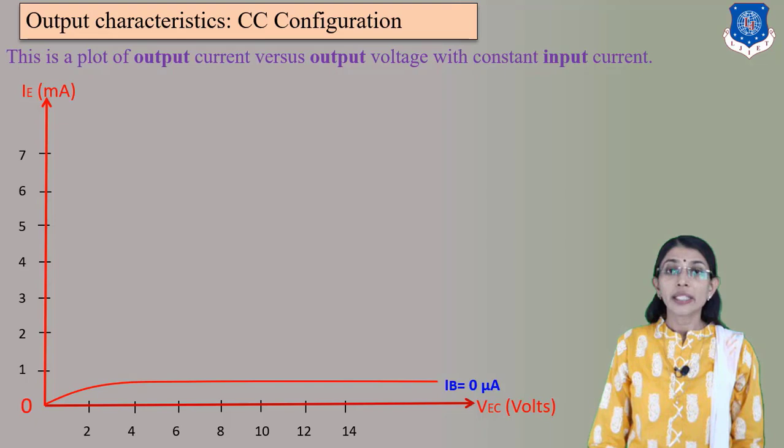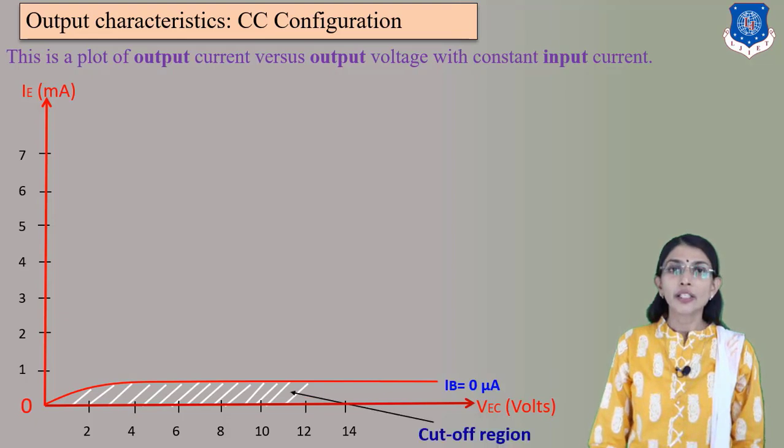Cutoff current. That means it is the current due to the minority charge carriers. So the region in the output characteristic below IB equal to 0, look at this, this region is known as cutoff region. According to this cutoff region, we have assumed IB equal to 0.